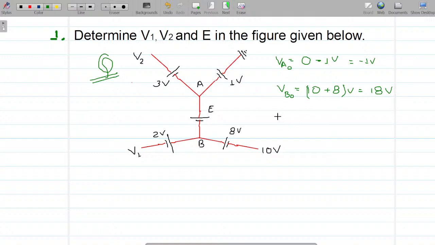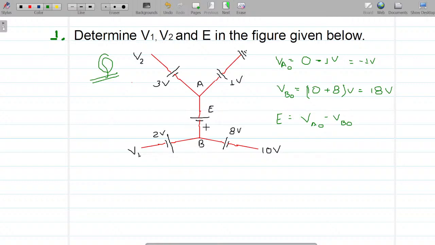Now tell me, what is E? Can I write E to be VAO minus VBO? Isn't it the potential difference between point A and point B?